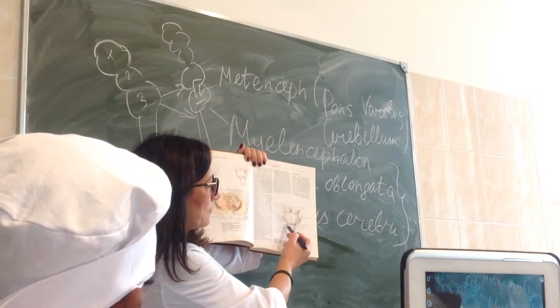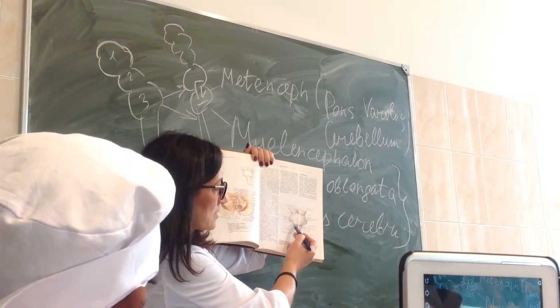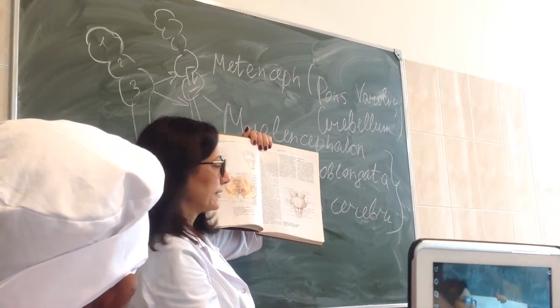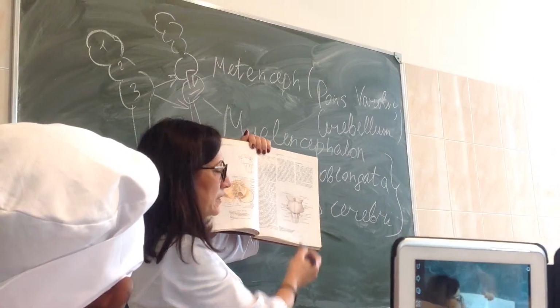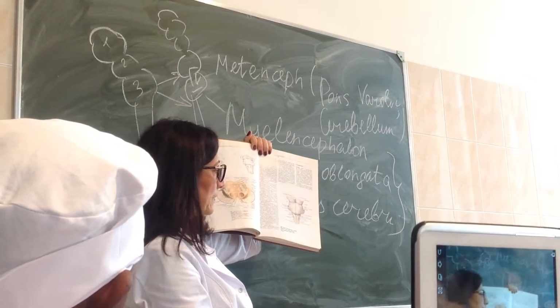Posterior border of the pons with medulla oblongata is the transverse fissure.